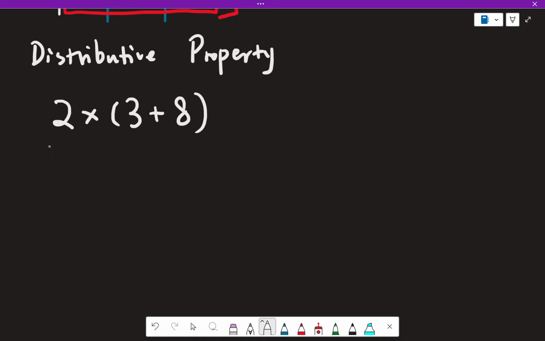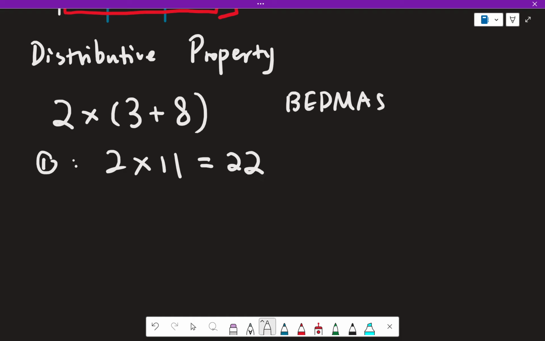We have two ways to solve this. Way number one is we evaluate the bracket first based on the order of operations. So, we can do 3 plus 8 is 11, and 2 times 11 is 22.